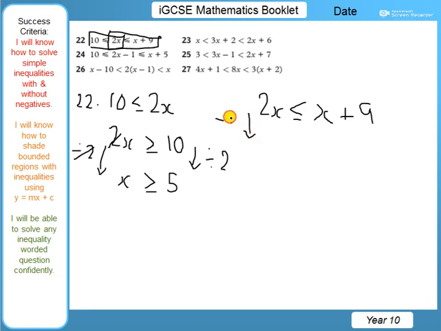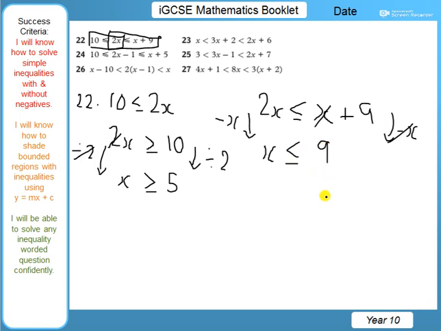So we minus x from both sides. We want all the x's on one side. 2x minus x is x. Less than or equal sign stays the same. x cancels with minus x, so x is less than or equal to 9.